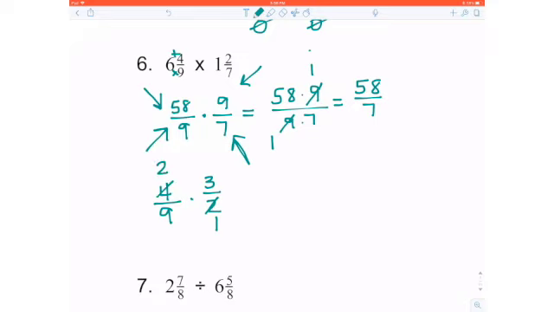And the 3 and the 9 can both be divided by 3. So 3 divided by 3 is 1. 9 divided by 3 is 3. Now I can multiply. 2 times 1 is 2. 3 times 1 is 3. And we get 2/3. Now, we could have just multiplied this regular. Let me show you again.